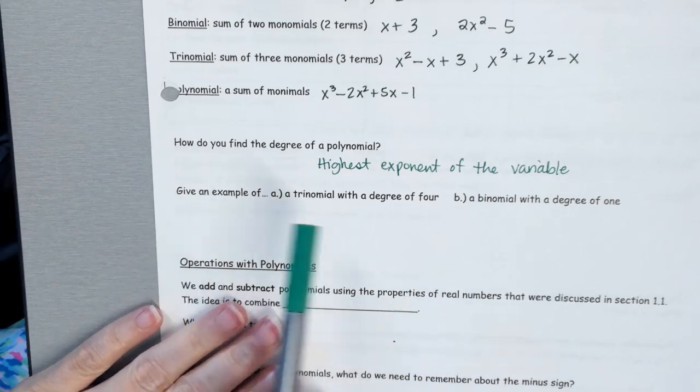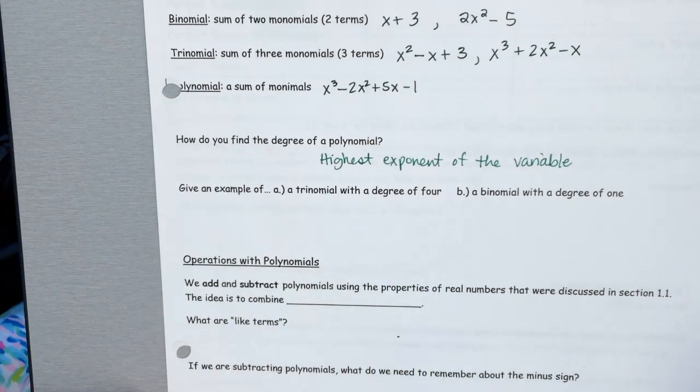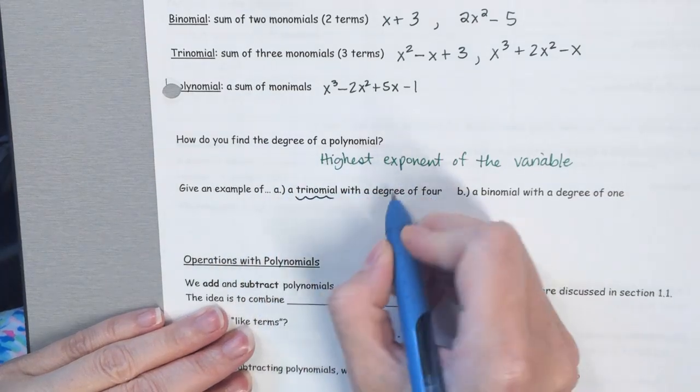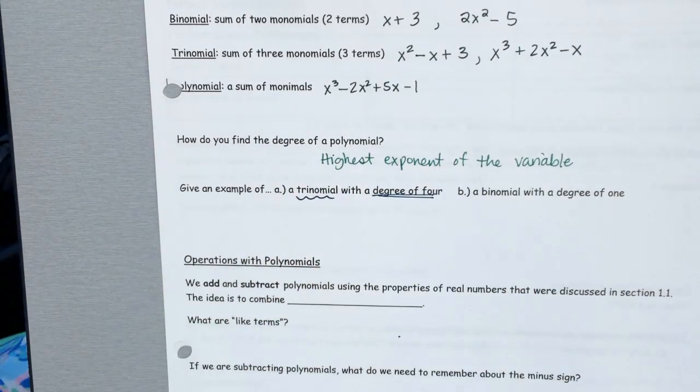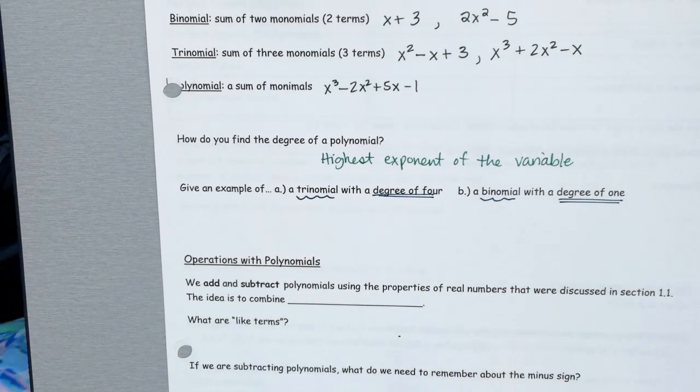Okay, so I want you to come up with an example of a trinomial with a degree of 4. So a trinomial with the degree of 4, and then a binomial with a degree of 1. Okay, so I want you to do that, and then just check in with somebody in your row. Make sure you guys have those correct.